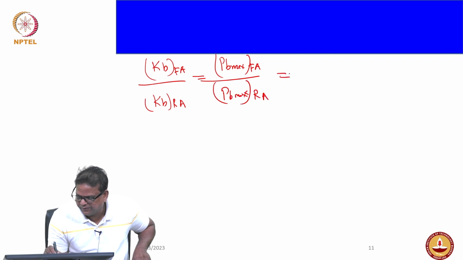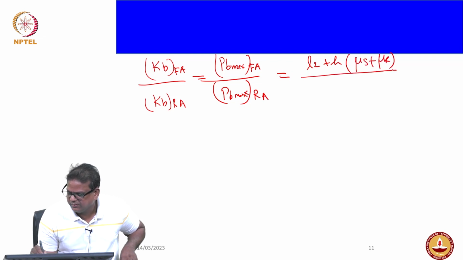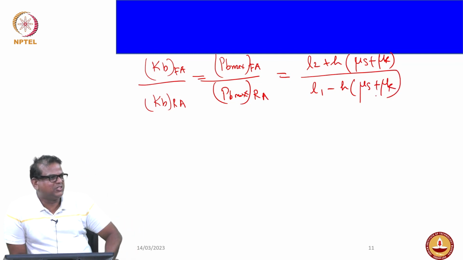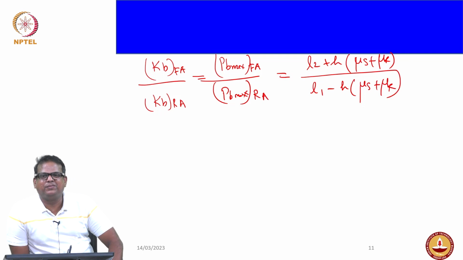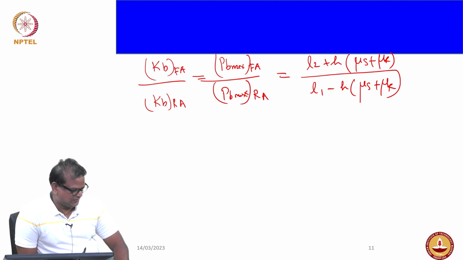Finally, it boils down to L2 plus H (mu S plus mu R), and L1 minus H (mu S plus mu R). Can you see that now? The distribution purely depends upon the vehicle dimensions, wheelbase, height, as well as mu R and mu S.